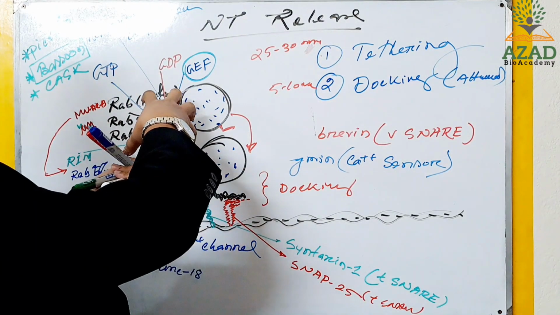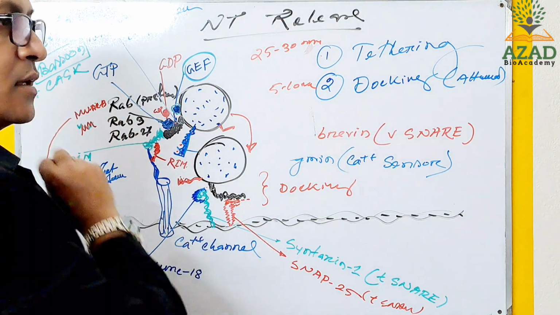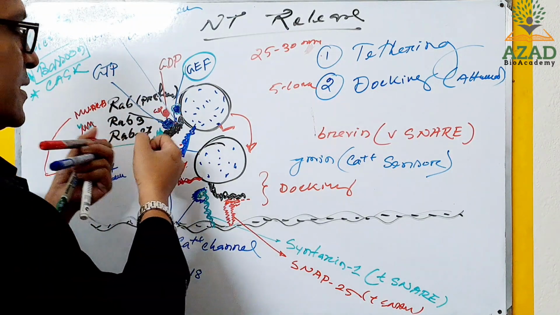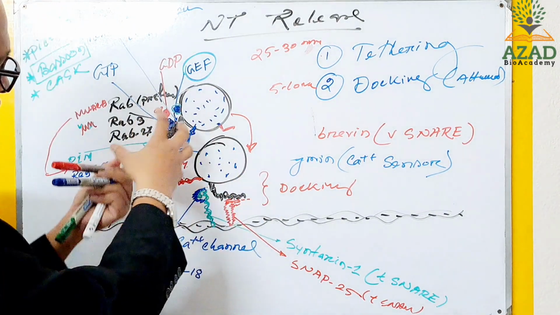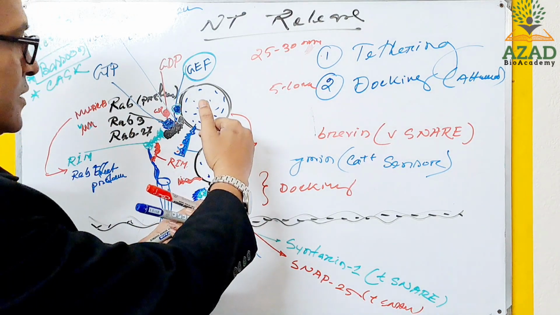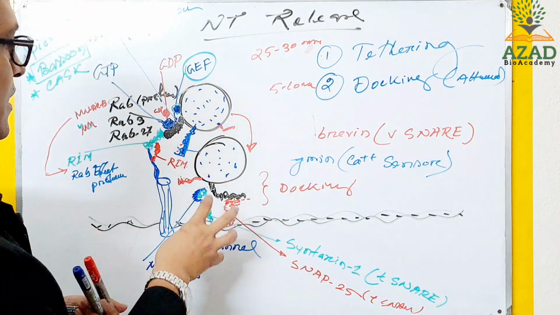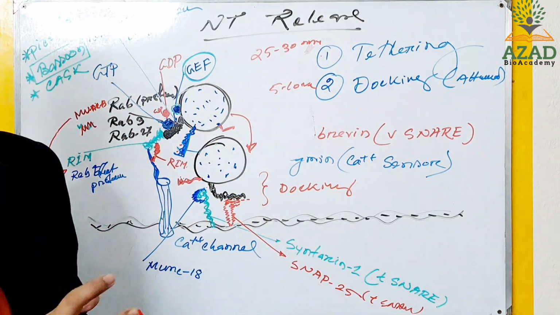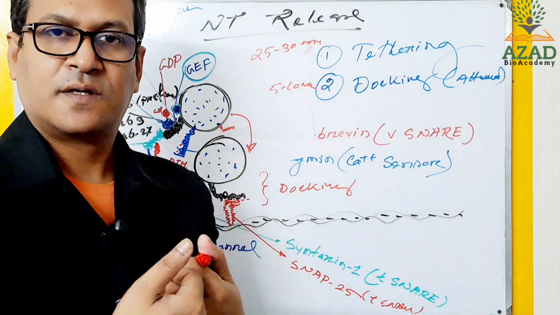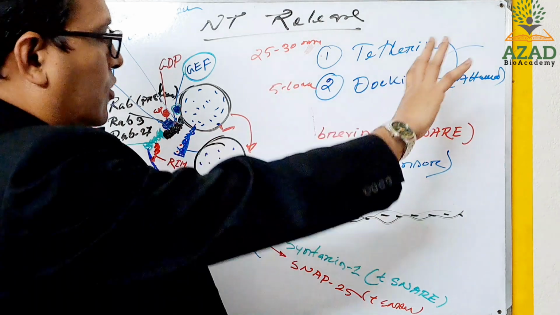That means here one attachment between the Rab protein and the RIM protein, the scaffolding protein, is directly connected, and the orientation has been changed by different types of factors and proteins, and then the vesicle comes towards, and the V-SNARE and T-SNARE are positioned very adjacent, you can say roughly attached. So this is called docking.